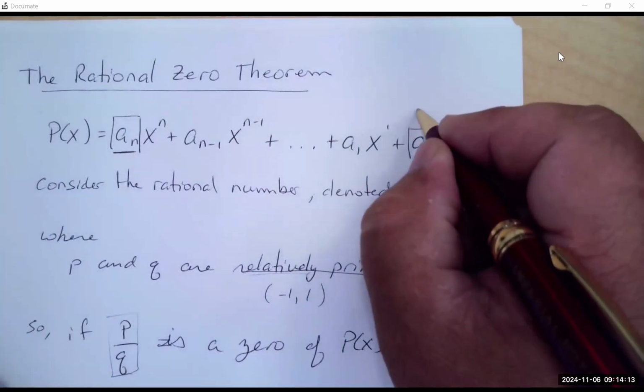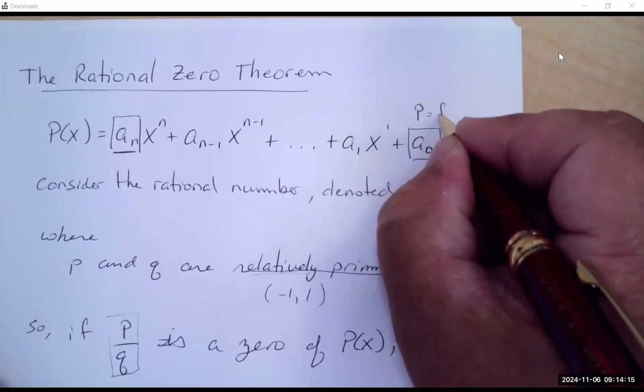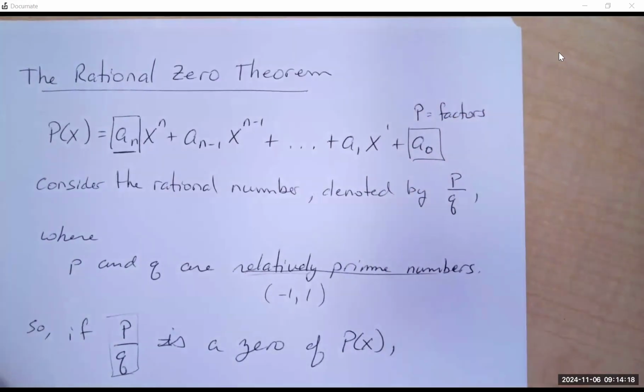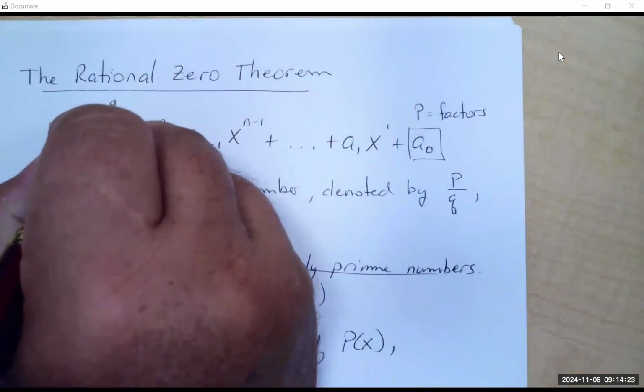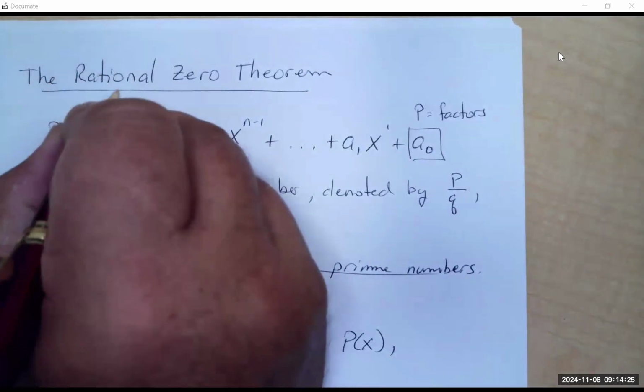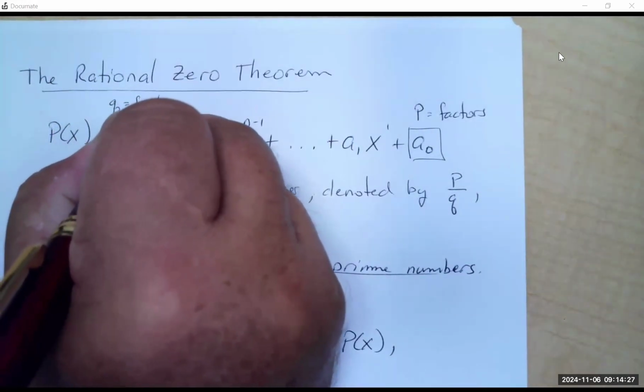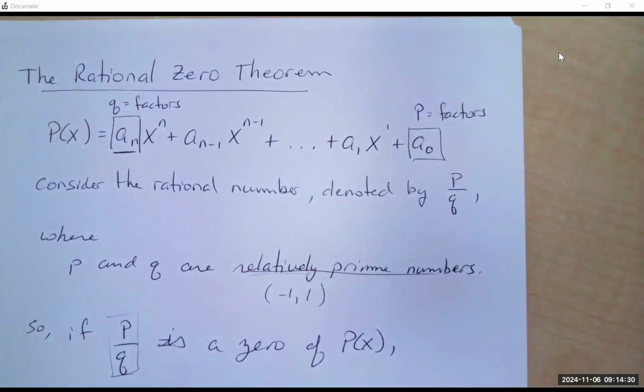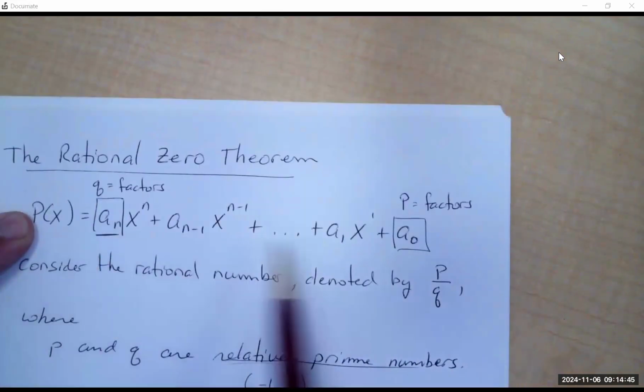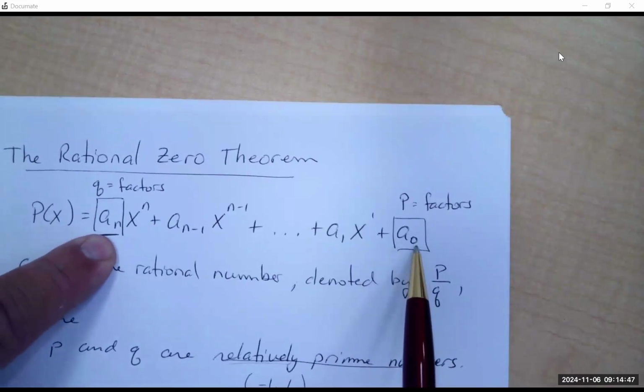P are the factors of your constant, and Q are the factors of your leading coefficient. Remember I said earlier, the leading coefficient and the last term are the most important part. Everything else in the middle is just there. It helps us define where the rest of the graph is. So what we have to do is, no matter what polynomial we're given, find the factors of the first and last term.